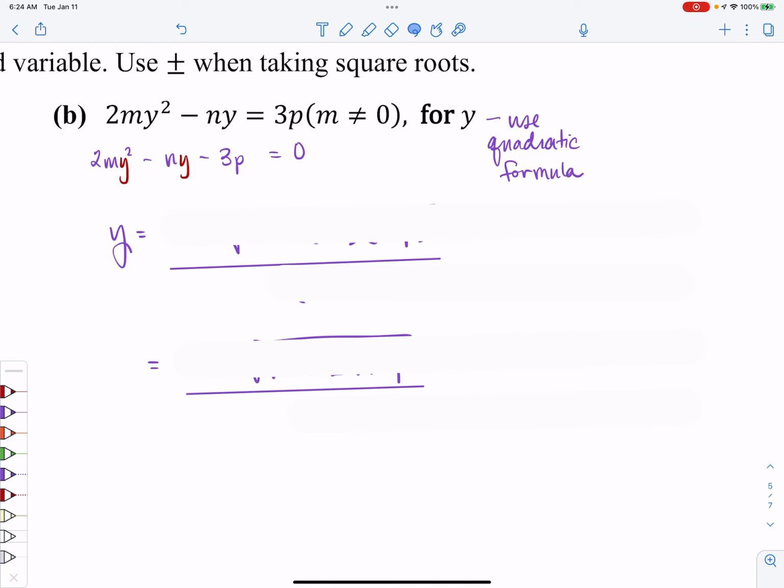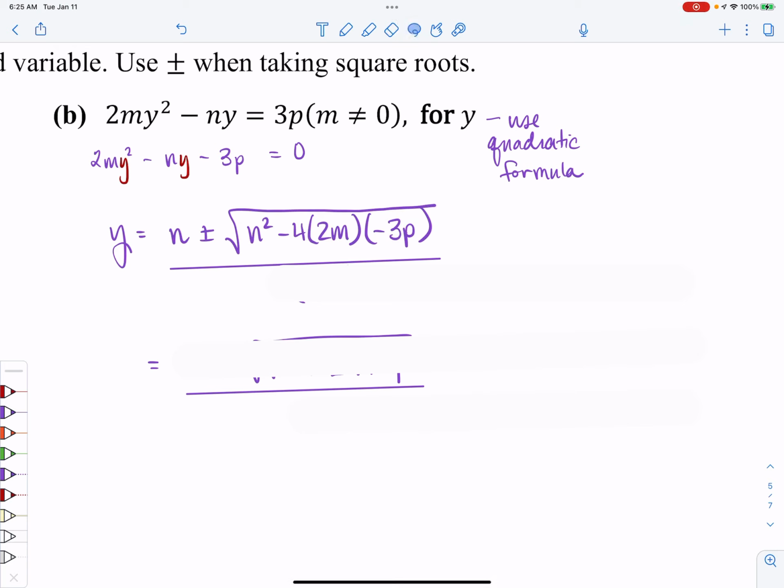So notice here's my a x squared minus my bx plus my c. Okay, so I do have A's, B's, and C's. My A is a 2m, my B is a negative n, and my C is a negative 3p. So I can just use the quadratic formula on this. It's a little ugly, but I can use the quadratic formula.